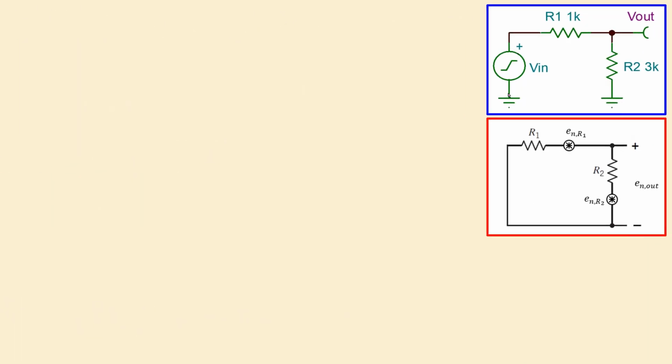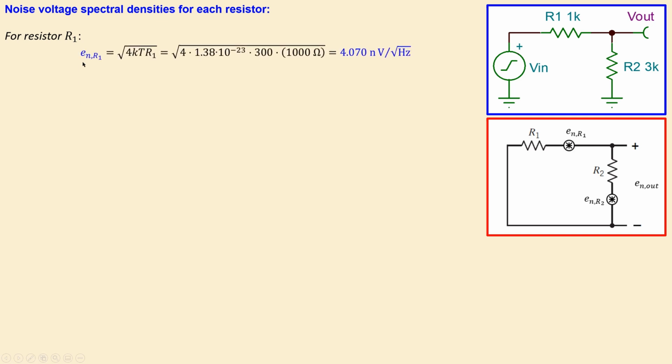So again, these two figures: we have the circuit itself and also the model. Let's look at the noise voltage spectral densities for each resistor using the description we have seen shortly. So for resistor R1, we can rewrite this formula.